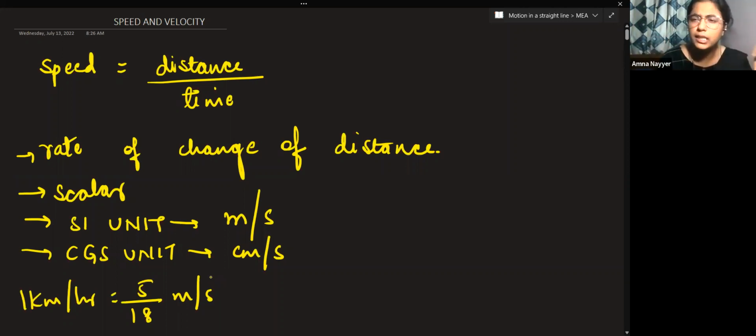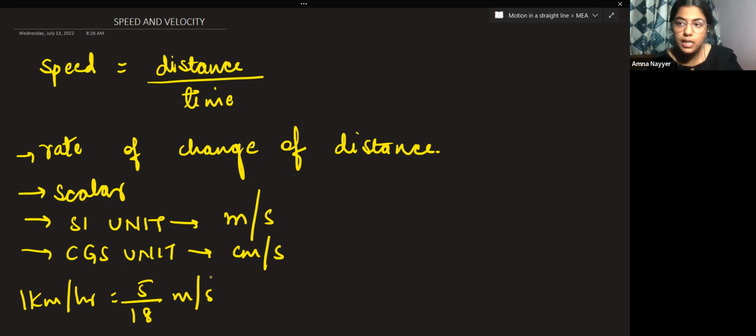And 5 by 18, I think in earlier classes, you must have used, even in your 9th and 10th classes, where in 9th class, I think in CBSE, speed and motion in a straight line is included. So speed is basically distance divided by time. This is the basic formula of speed. And speed is a scalar quantity, so you don't need any direction.